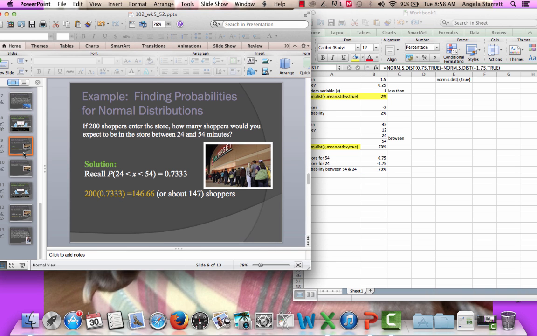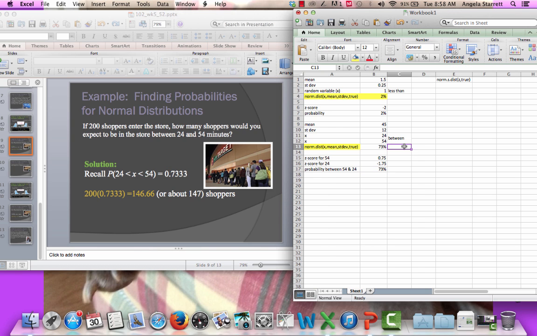All right, so let's consider this question. If 200 shoppers enter the store, how many shoppers would you expect to be in the store between 24 and 54 minutes? Well, we just figured out, let me highlight it for you, that the probability a shopper spends between 24 and 54 minutes in a store is 73%.